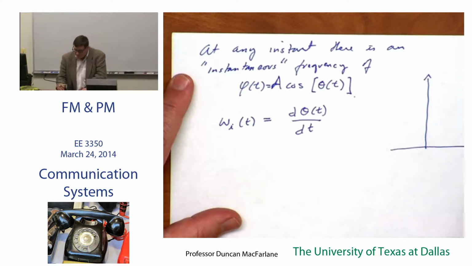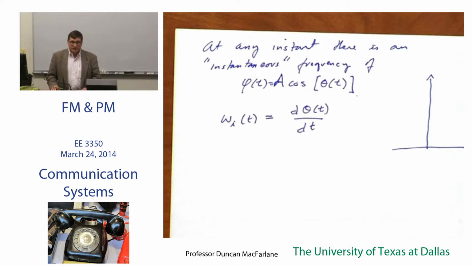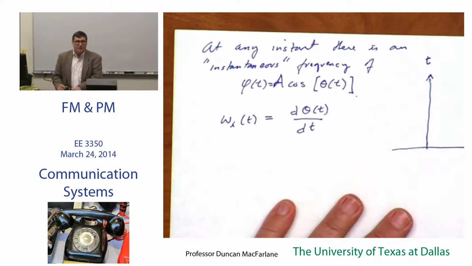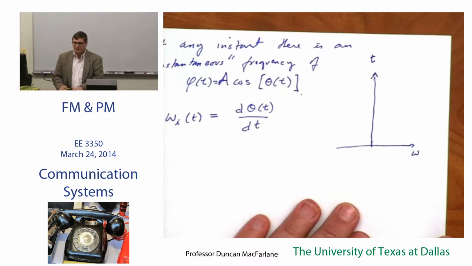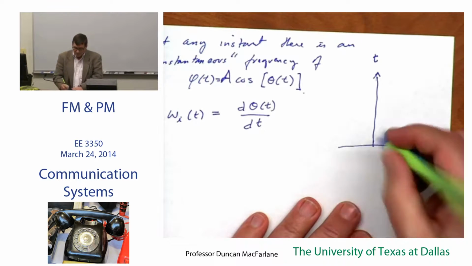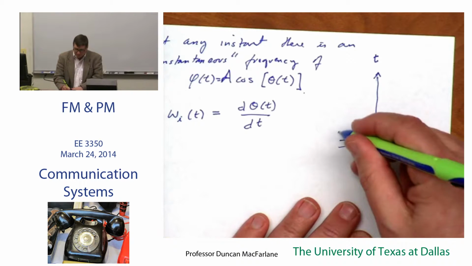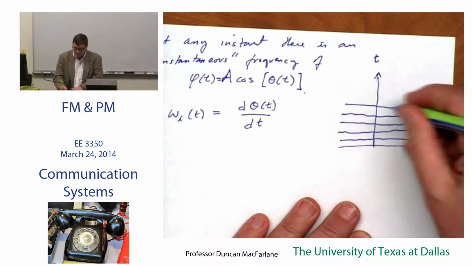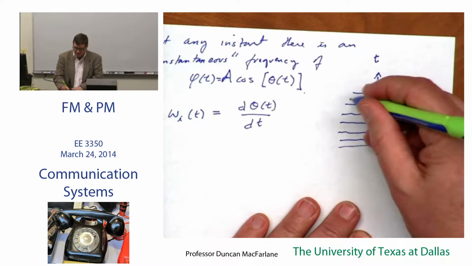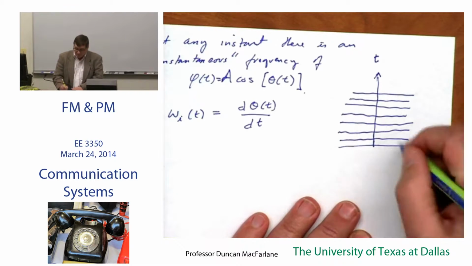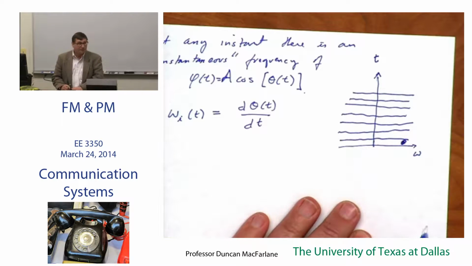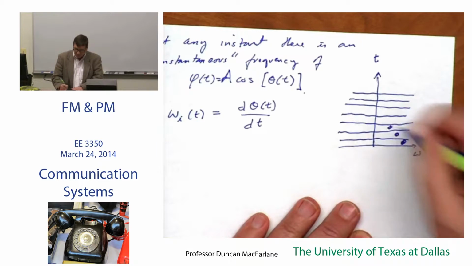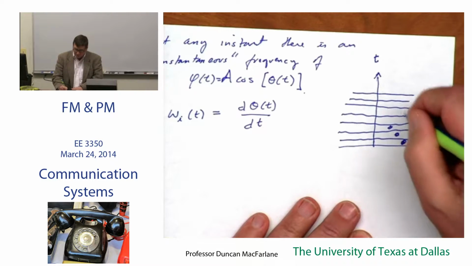Supposing I have an omega axis, and this vertical axis that goes up here, I'm going to write as time. So I'll block off different lengths of time, or different instants of time. And maybe I'll start with my frequency over here. Maybe it'll jump down to here. Maybe it'll jump down to here. Maybe it'll jump back over to here.